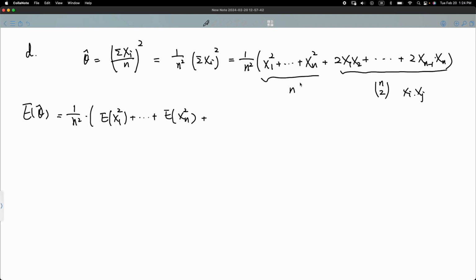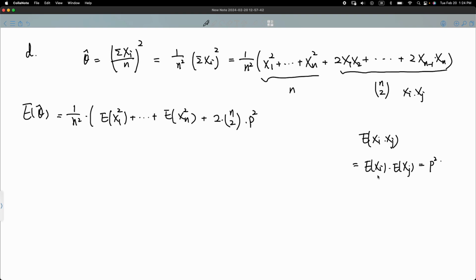Here I'm just going to simplify it as 2 multiplied by n choose 2 times p square. The reason is that we have xi and xj, and then they are IID, so we have the expected of xi multiplied by the expected of xj, and this is p square.